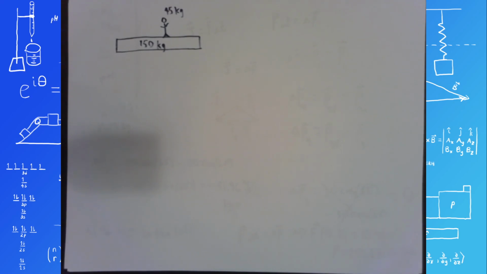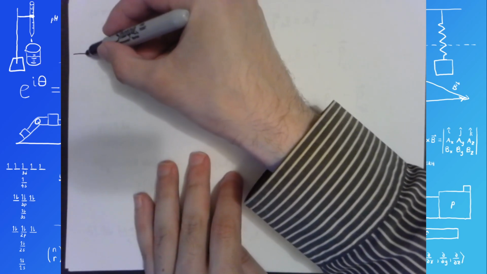The plank, originally at rest, is free to slide on a frozen lake, which is a flat, frictionless surface. Okay, so all of this is on ice.